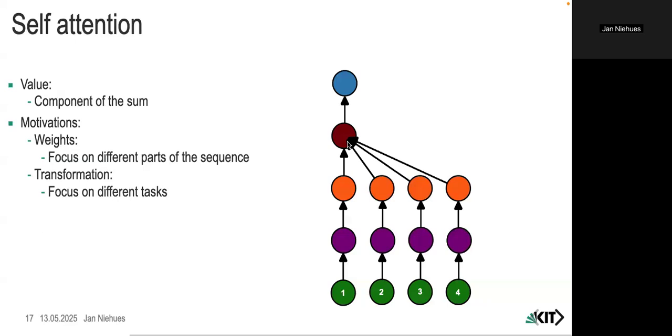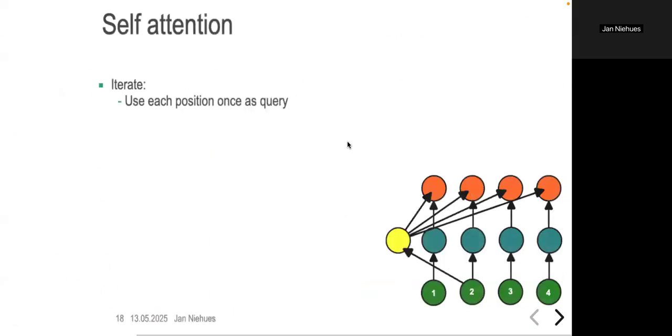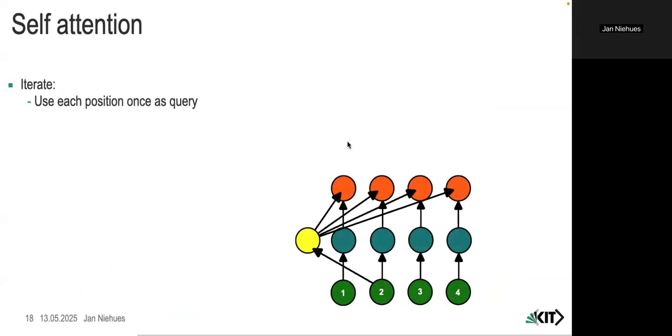That, of course, now makes it very easy to extend it to the second. What we just do is use a different query. We're now using the second word as our query, and then doing the same calculation again. The only difference is that our orange values will be different, because now we are not getting them by comparing the query of the first word to all the keys.